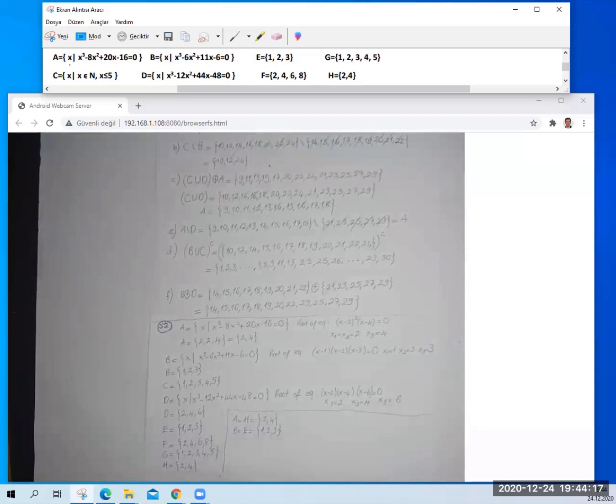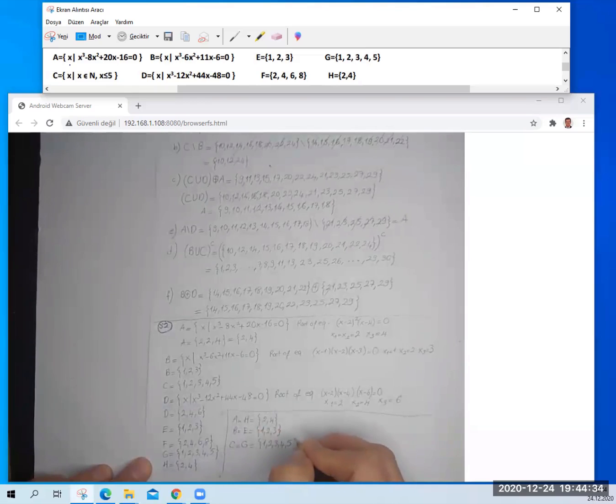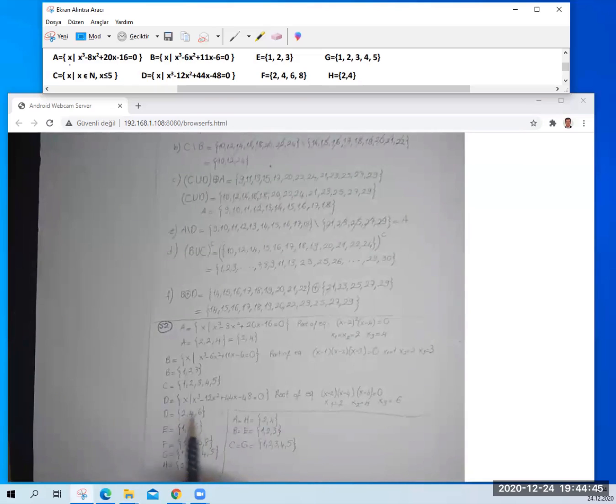Okay, B and E. And is there any other equal? Yeah, there's G and C, 1, 2, 3, 4, and 5. Okay, is there any equality for 2, 4, 6, for D? There is no equality for D. And what else? So these are the equalities in question 2.